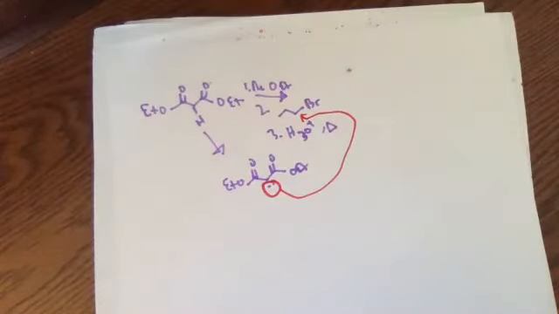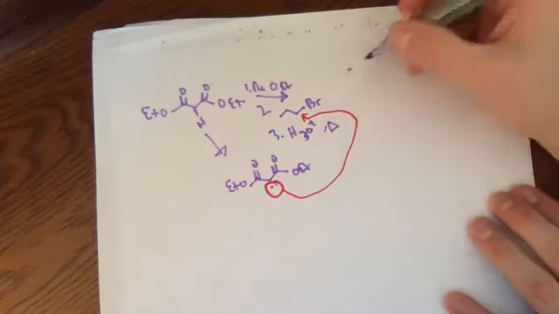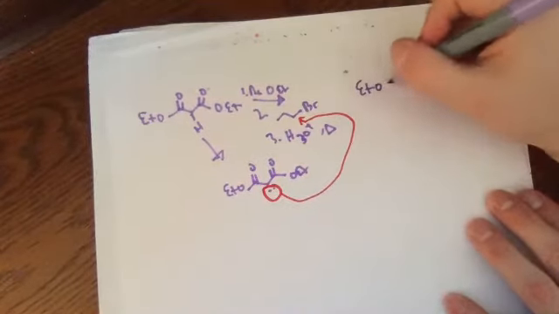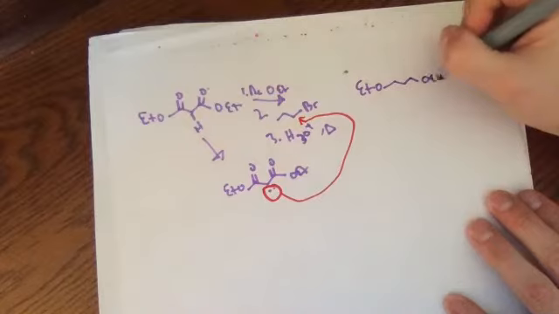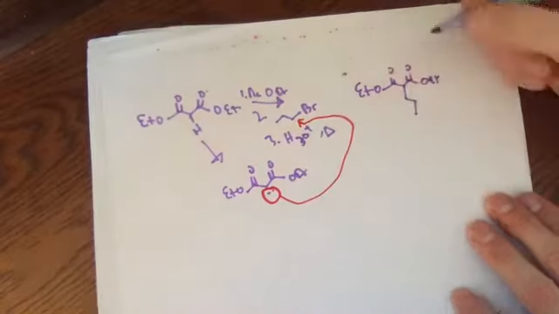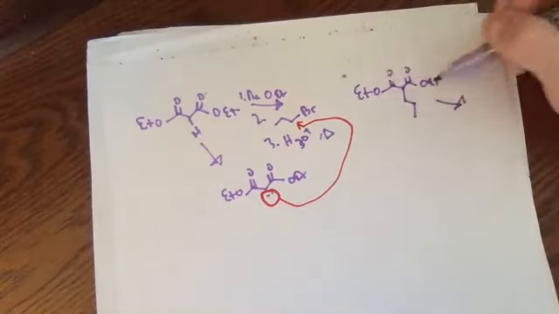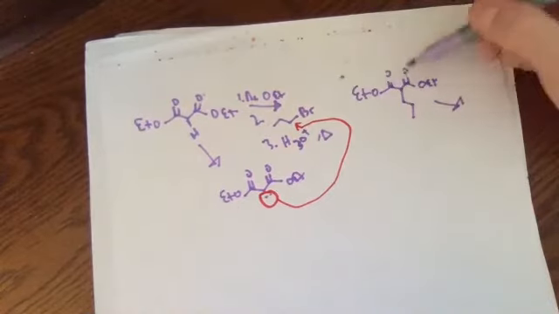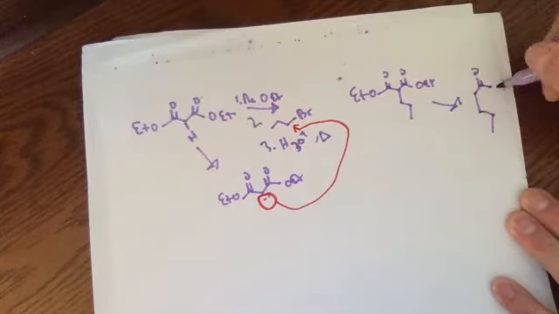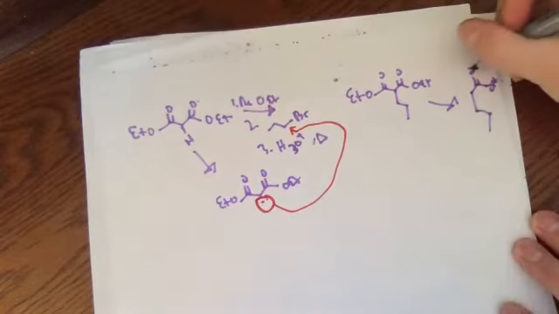We would initially make blue carbons coming off of this. And then in H3O+ and heat, we are going to lose these esters. They turn to carboxylic acids, and we're going to lose one of them and give us our carboxylic acid product.